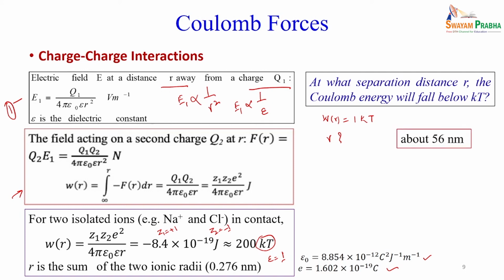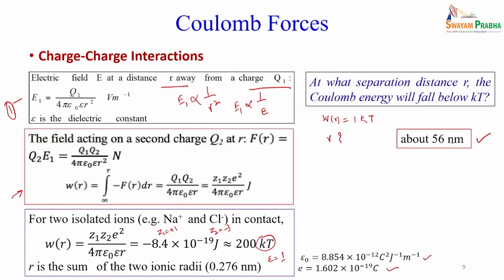We will get the value of R is equal to 56 nanometer. So, what it suggests, it is a long distance interaction. If you remember, the covalent interaction acts at the atomic level, or you can say subatomic level, 0.1 to 0.2 nanometer, but this is acting in the range of 50 to 60 nanometer.